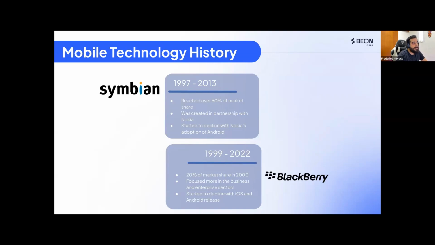Symbian was pretty good because mobile operating systems had other challenges than computer operating systems, such as having to run on low energy consumption. You don't have many resources available, so you don't have enough RAM.